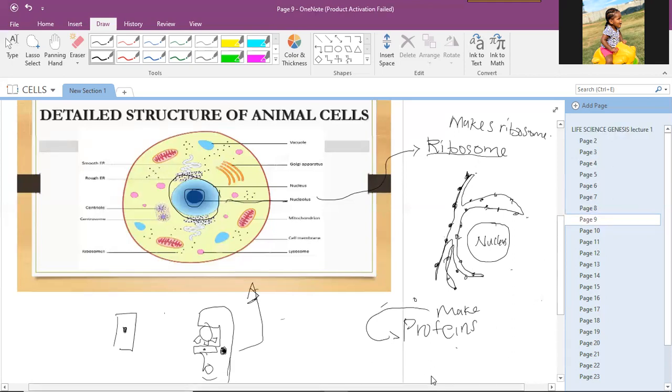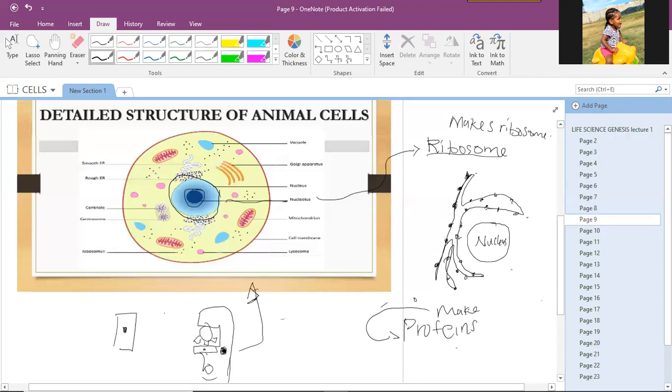Or the protein that makes your nails grow. Maybe melanin for our skin so that we don't get too much sunburnt. There are a lot of different types of proteins, maybe even insulin or estrogen or testosterone. All those types of proteins, hormones, and enzymes are all made because of the nucleus. So the nucleus instructs the cells, go make proteins.